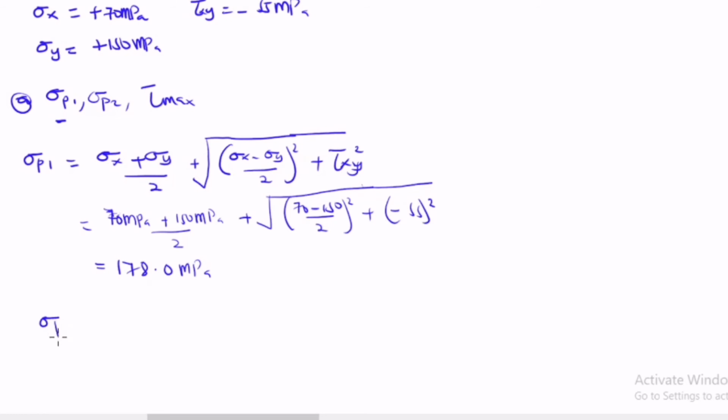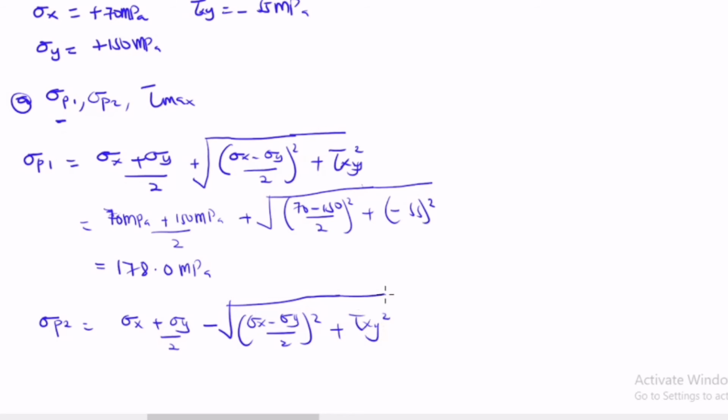So let's solve for the 2. The principal stress 2, you're going to have this plus that all over 2. Only the positive sign will change to negative. Square root of stress x and stress y divided by 2 all squared, then plus the tau xy squared.